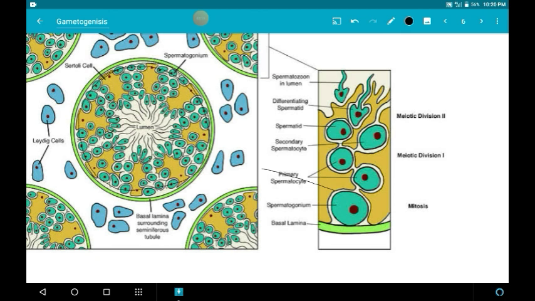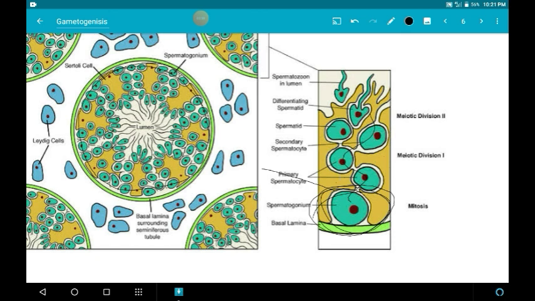See, this is a spermatogonic cell found at the inner surface of the seminiferous tubule. At the time of spermatogenesis, it will migrate among the Sertoli cells. These yellow colored cells are the Sertoli cells.